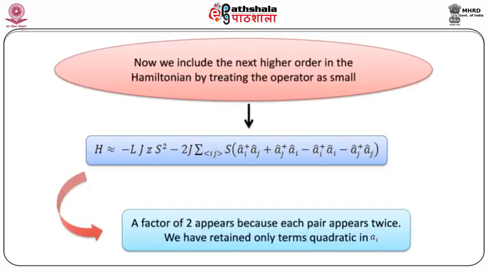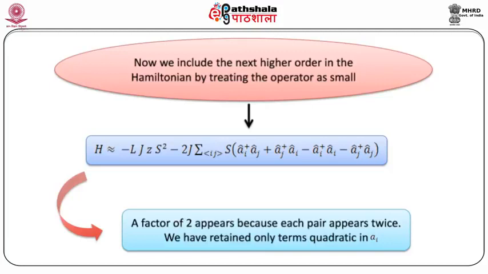Now that we have calculated the ground state, we include the next higher order in the Hamiltonian by treating the operator A as small. So we go one order higher. The Hamiltonian H is approximately equal to minus L z J S squared, minus a term which contains these operators: minus 2J summation over angular brackets, which indicates nearest neighbors.